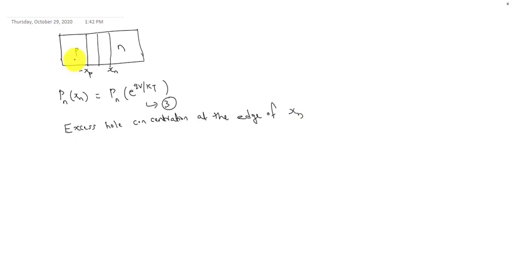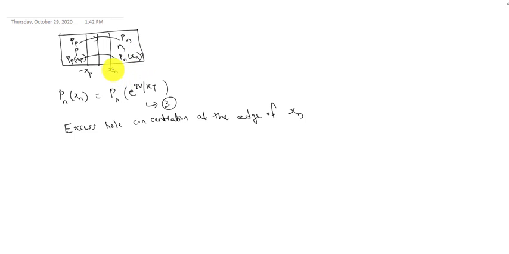So here the holes are diffusing. Under equilibrium the values are Pp and Pn, and with the bias the value is changing from Pp of Xp, and this is Pn of Xn.